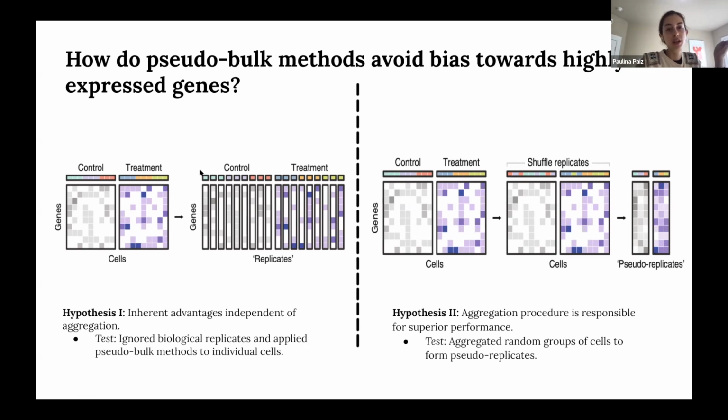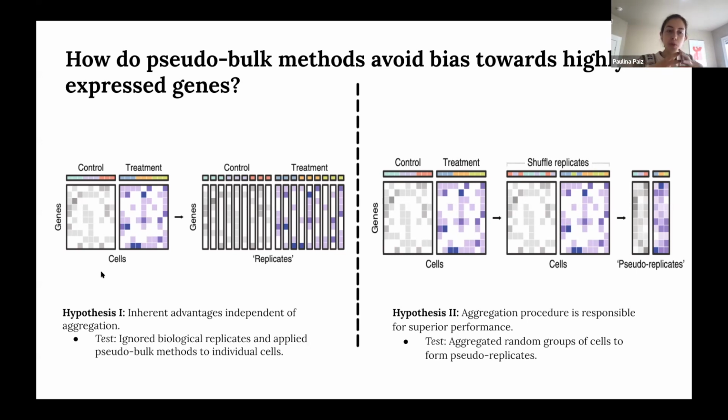So the columns of the data here would be the cells, not any kind of cell grouping. Then on the other side, you have the other hypothesis, which is that the aggregation procedure is responsible for the superior performance of pseudobulk methods. To isolate the aggregation procedure, they shuffled replicates.